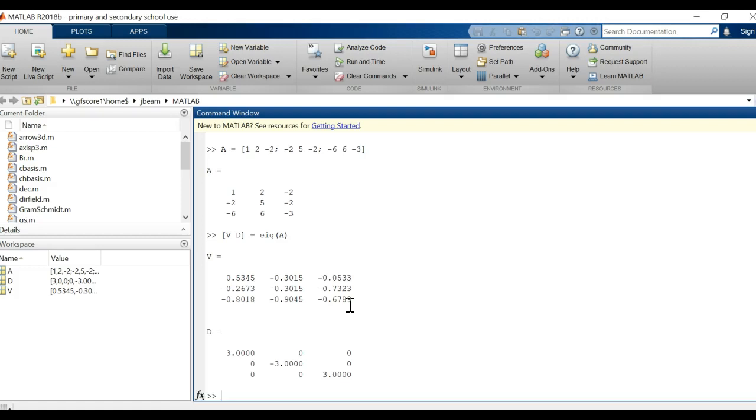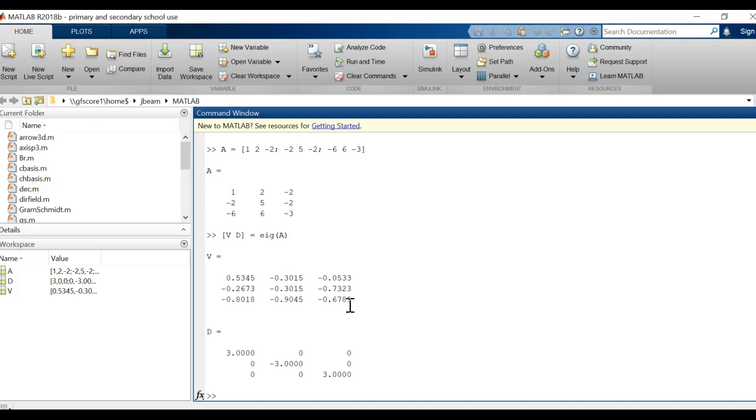So the eigenvalues that are available are 3 and negative 3, but there's 2 sets of eigenvectors that go with 3 here. So the first and third column of V are going to be sets of eigenvectors that go with 3. The middle column of V is a set of eigenvectors that go with negative 3.